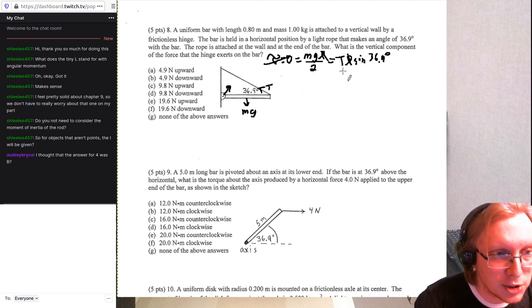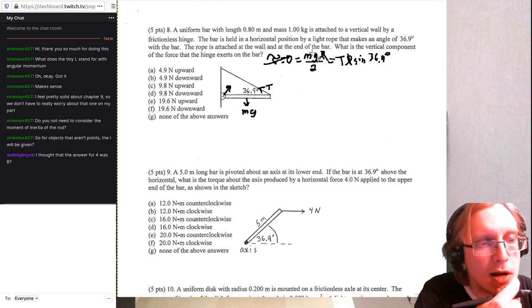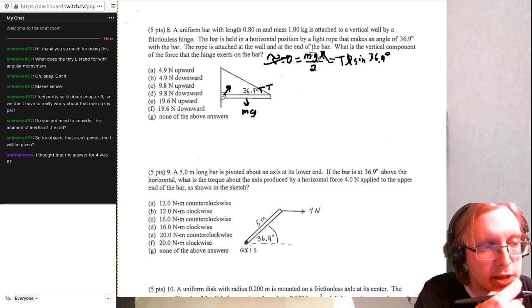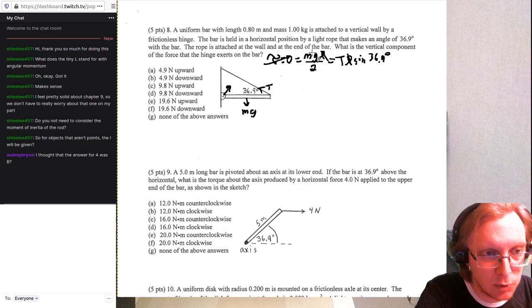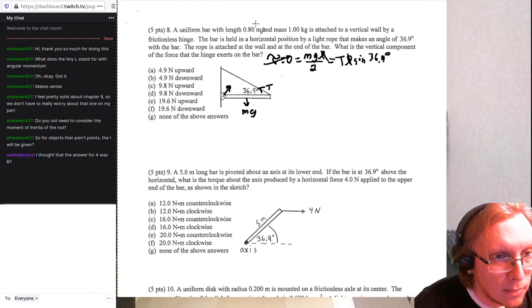And we want the tension. Actually, this number here is exactly what we need, right? mg, yeah.